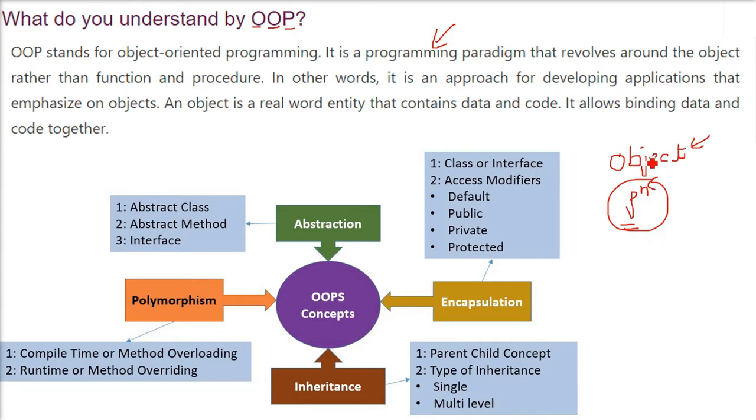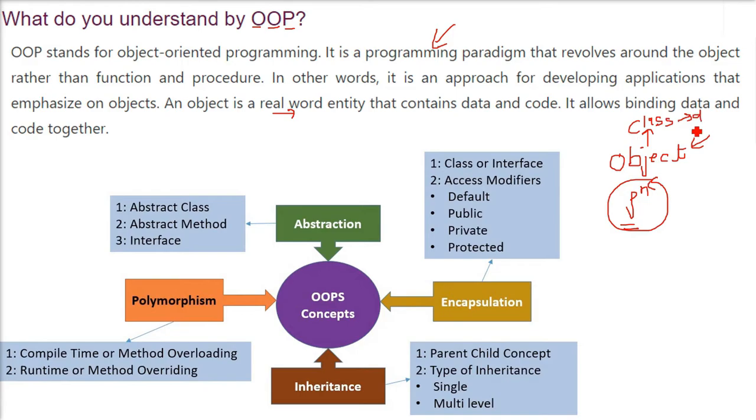Basically, the main idea is that the real life world has to be mimicked, has to be actually programmed. So an object is a real world entity that will contain the data and the functions operating on that data. This allows binding data and code together.